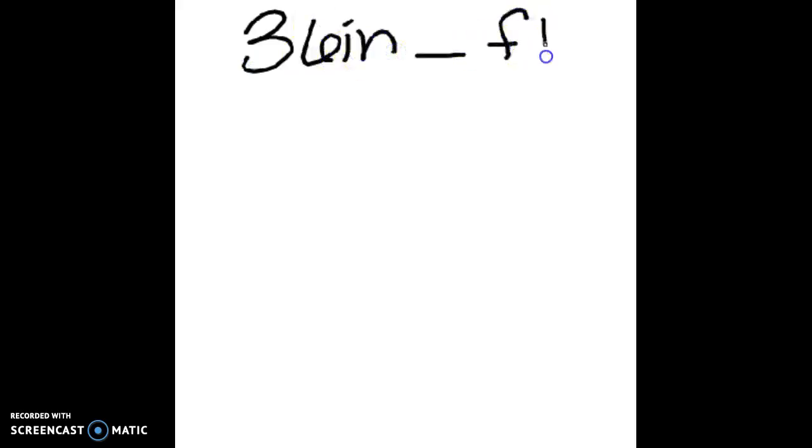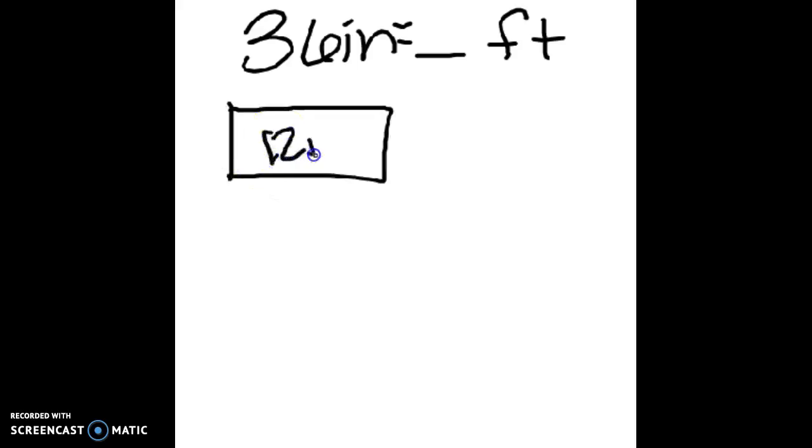Okay, so in our first example, we're going to have 36 inches. And I'm going to ask you, how many feet is that? Well, if I got out a ruler, I would see that there are 12 inches in 1 foot. So we can already say that inches is a smaller unit of measure because there are more inches in 1 foot.